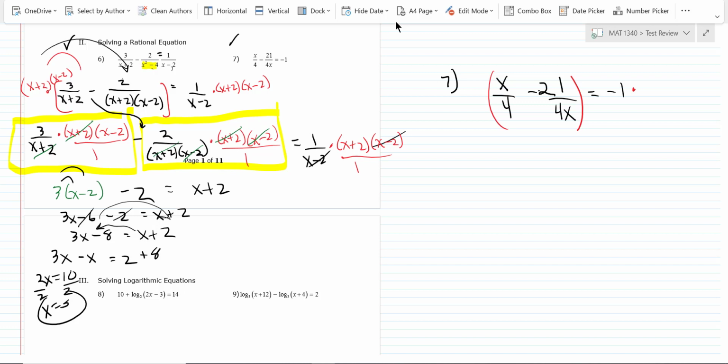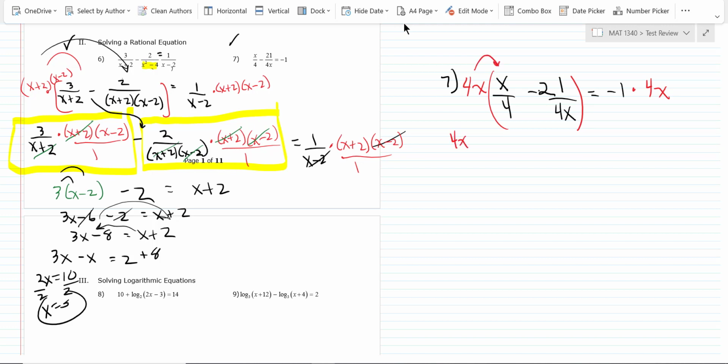The idea is if you multiply by x, that will get rid of the x. And if you multiply by 4, that will get rid of the 4s. Now sometimes students will use 16x, which will work beautifully. It's just unnecessary. All you're trying to do is get rid of a 4 and a 4x, so multiply everything by 4x. So the way this is going to work is like this.